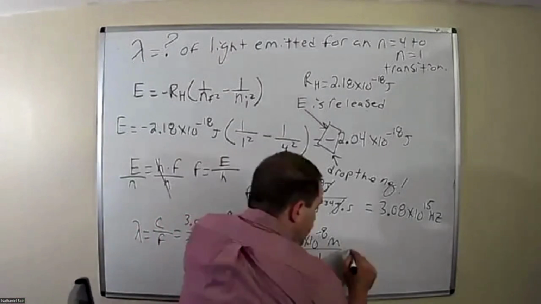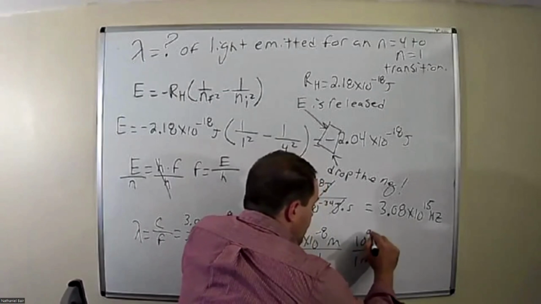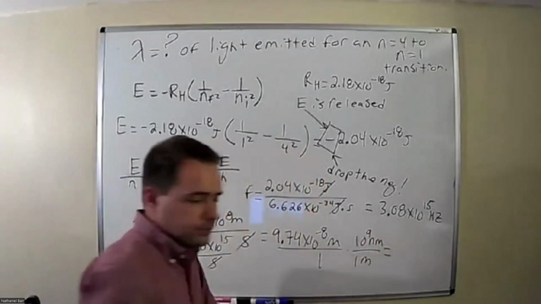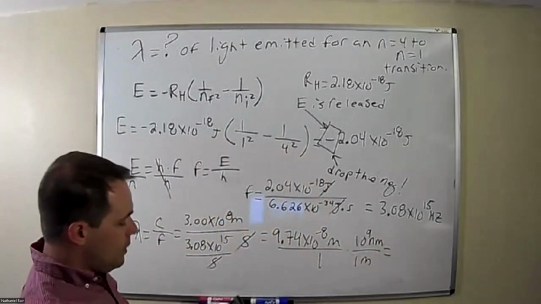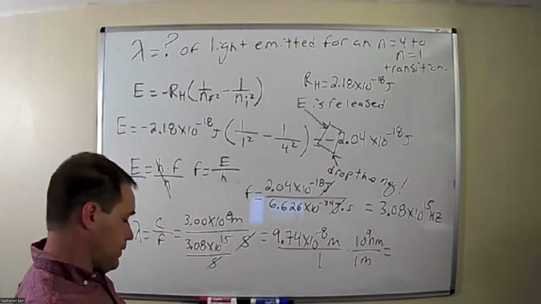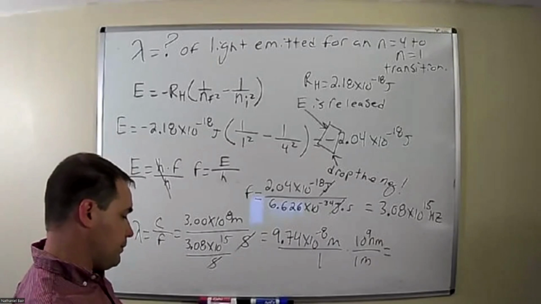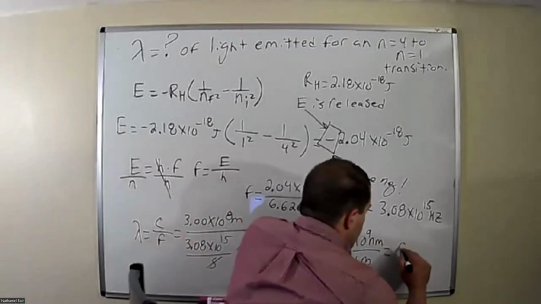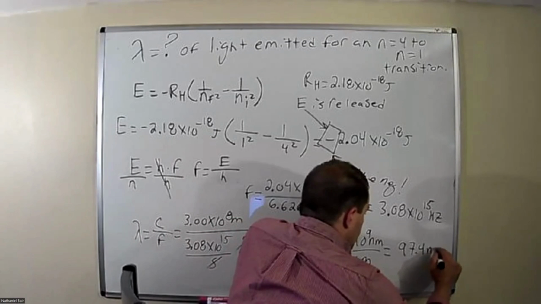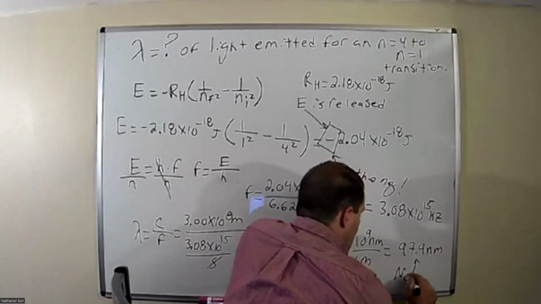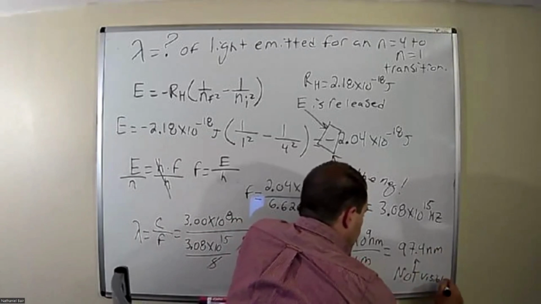So let's do this. 1 meter, 10 to the 9th nanometers. So 9.74 E negative 8 times E9, and we get 97.4 nanometers. So this is not visible.